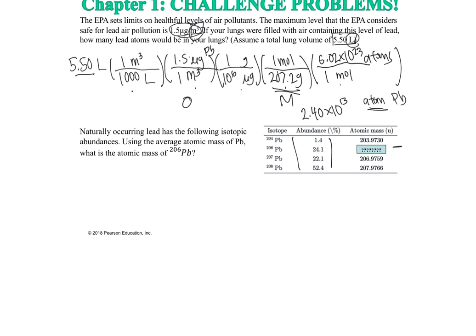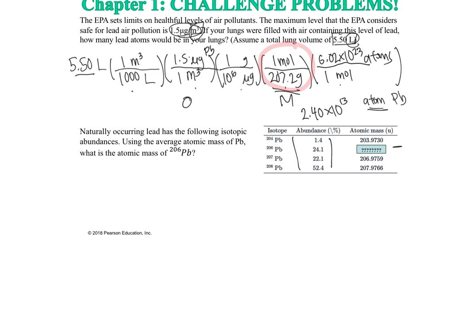We know it should be about 206, but it's going to be a little bit off from that. So let's figure it out. We found earlier that the atomic mass of lead was 207.2. Let me check if I have a more precise lead value we can use. Nope, 207.2 is what I got.